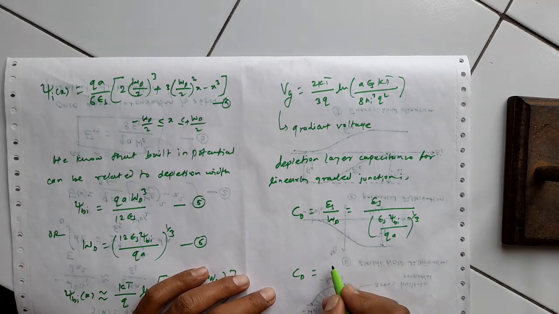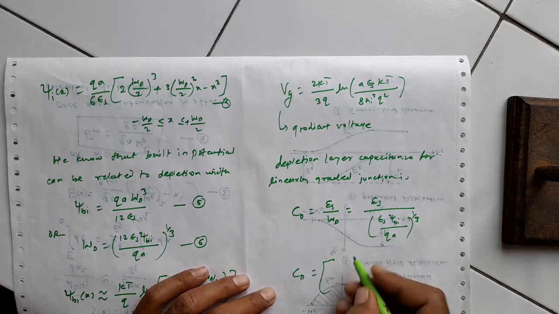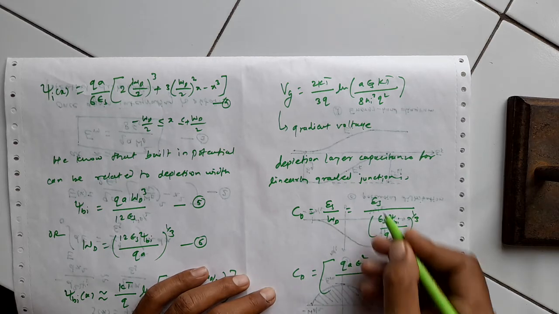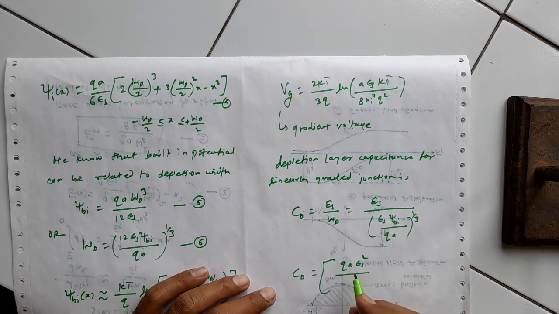C d is equal to q a epsilon s square, taking this inside, something like 12 psi b I minus phi.